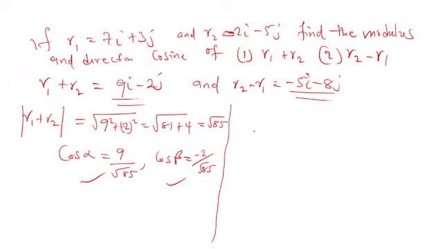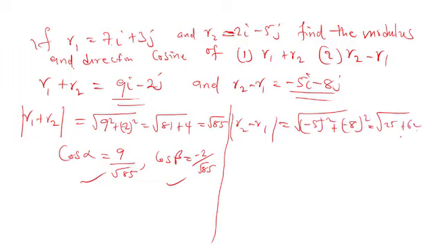Now let's do r2 minus r1. Let's get the modulus first. It is equal to the square root of minus 5 all squared plus minus 8 all squared, which is the square root of 25 plus 64. Now 25 plus 64 is 89.